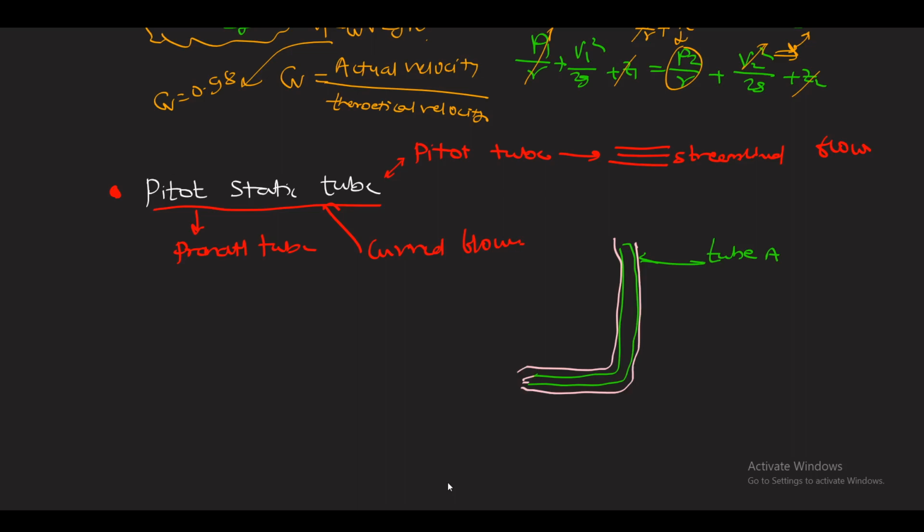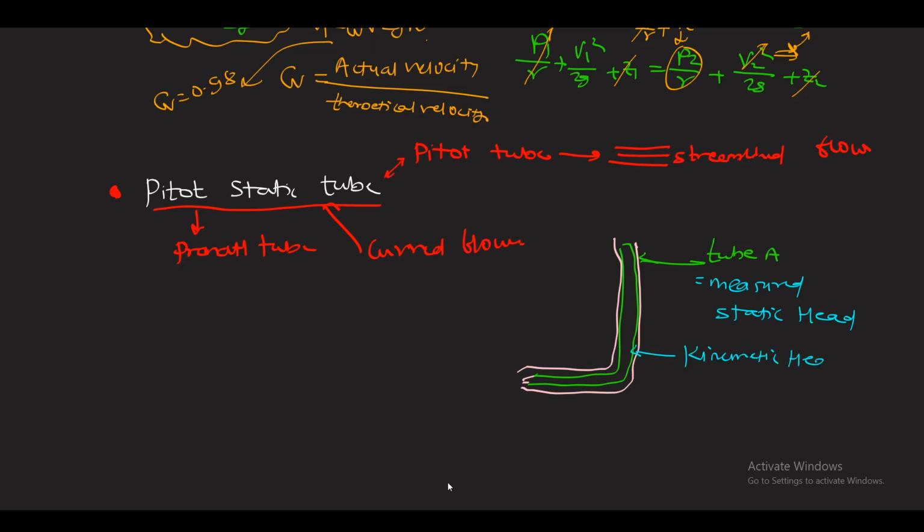So in that case, what happens? Tube A measures the static head, and tube B measures the kinematic head.